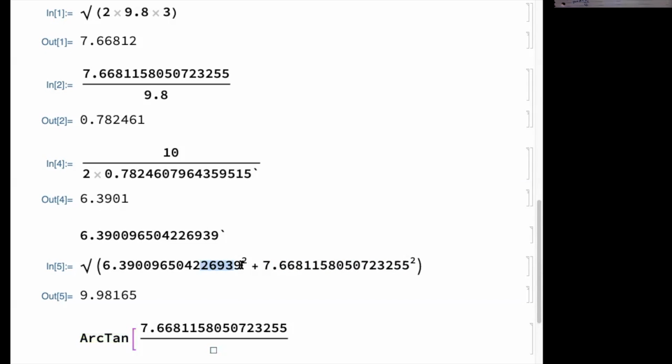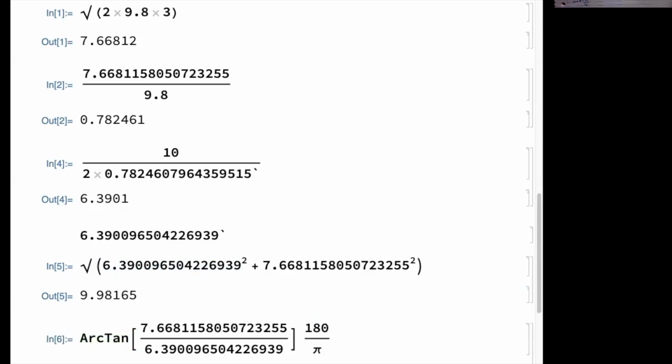I don't have to write all this stuff out. This is why we have computers, because we can copy and paste. Okay, this is going to give us the answer in radians. So I'm going to multiply by 180 divided by pi, because you can't put Mathematica into degree mode. There, we've done it.